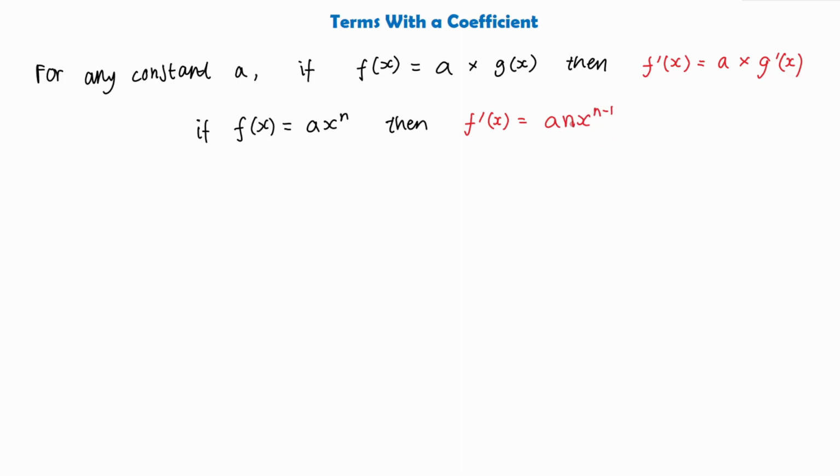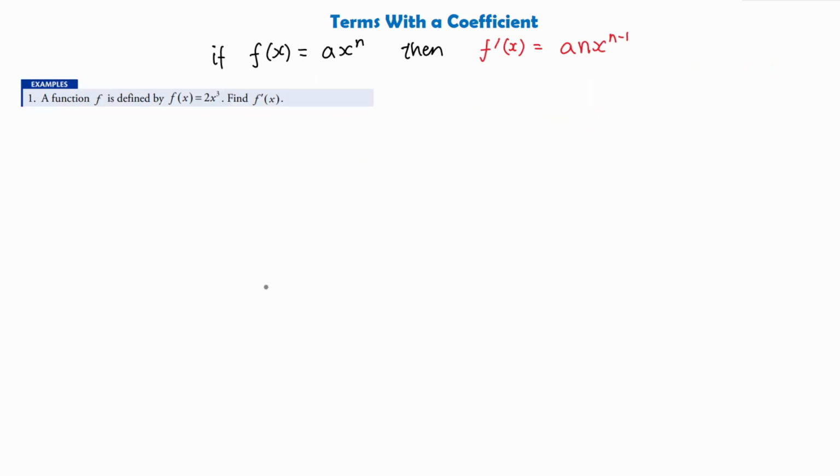So this is the derivative of a function of x to the n with a coefficient a. Looking at this, we can see nothing is happening to the a, but it is being multiplied by the derivative of x to the n.